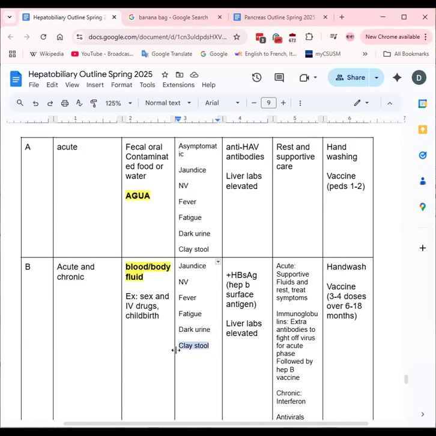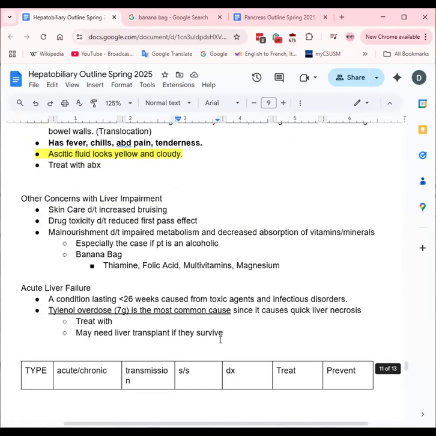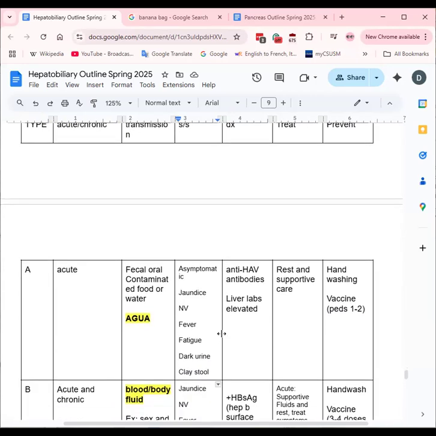The clay stools, similar to your gallstone happening. And what else? That's kind of it. That's the main symptoms you really should know.